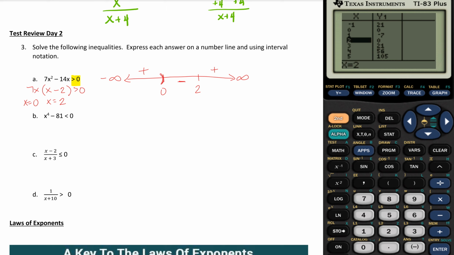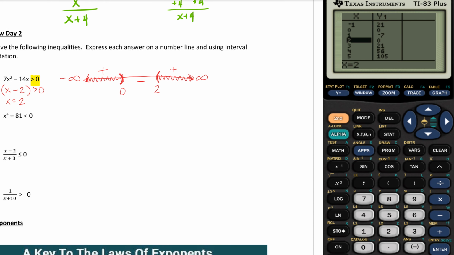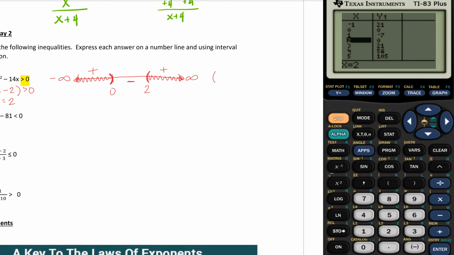So we know it's going to have to be parentheses. And we know it's going to be everything from -infinity to 0 and 2 to infinity. So we're going to fill it in. And now we're going to draw our line. Our interval notation is -infinity to 0, union 2 to infinity.